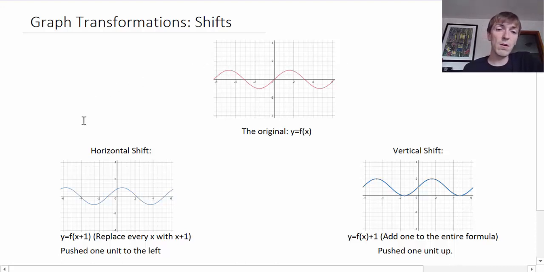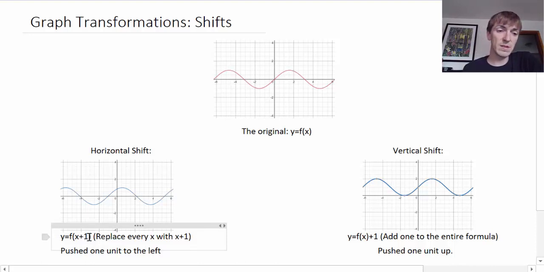Now here on the bottom left, I'm going to illustrate a horizontal shift. To do a horizontal shift, you replace every x in the formula with x plus 1. So precisely what has happened is instead of y equals f of x, we have y equals f of x plus 1. That has the effect of pushing the graph 1 unit to the left.